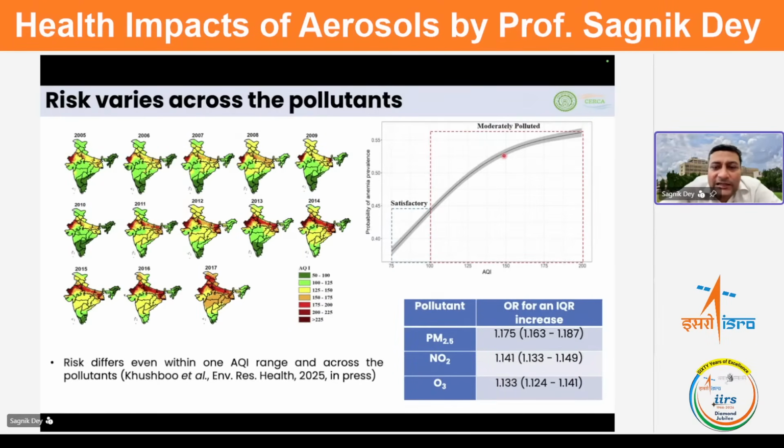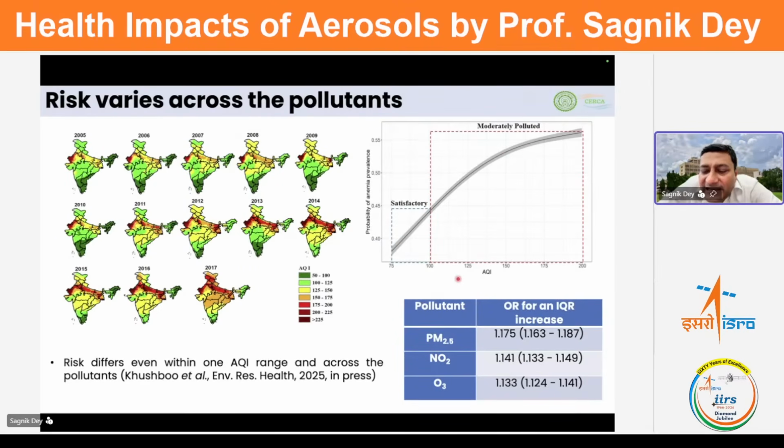You take care of all other risk factors, including diet and many other things that can also result in low hemoglobin or anemic condition. You assign how much of that risk you can attribute to air pollution only after you take care of everything else. Two important points. One is that as exposure to AQI increases, risk of anemia increases.